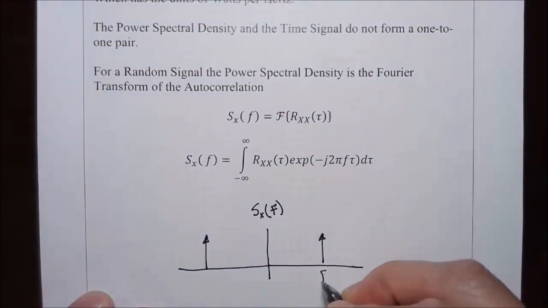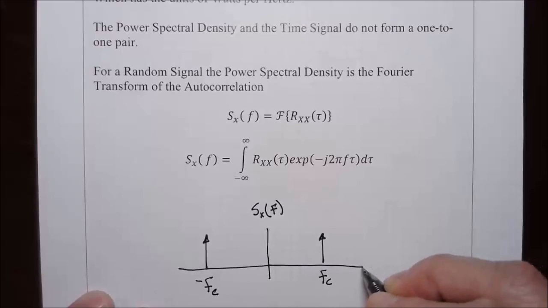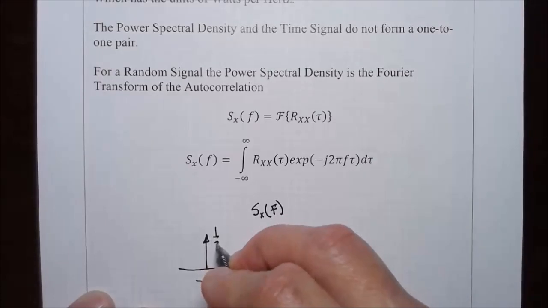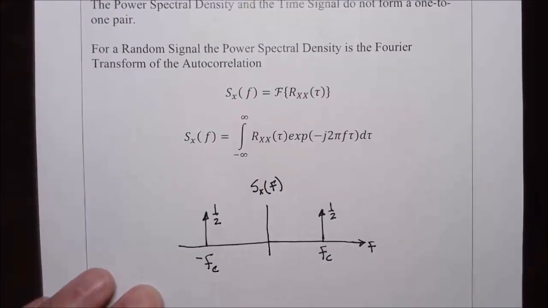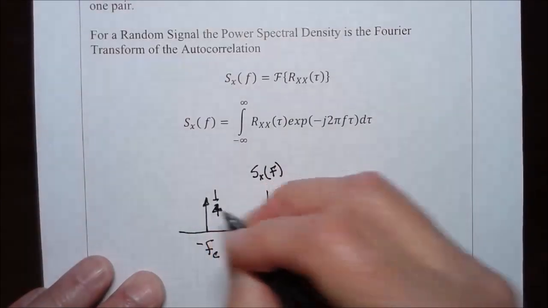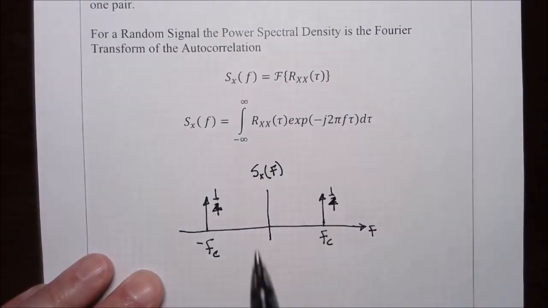It's a pair of delta functions at a specific frequency, and they have a weight of 1/4. So we are given this as the power spectral density for a particular signal.